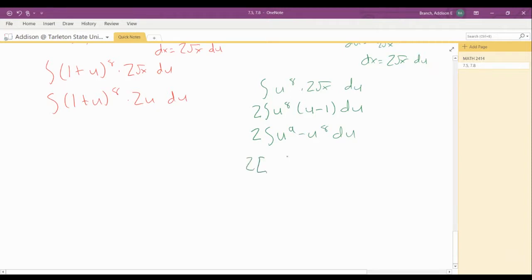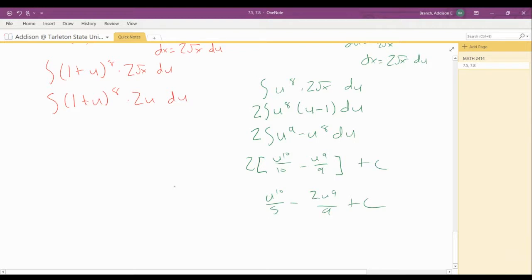We get 2 times u to the 10th over 10 minus u to the 9th over 9 plus C, which is u to the 10th over 5 minus 2u to the 9th over 9.